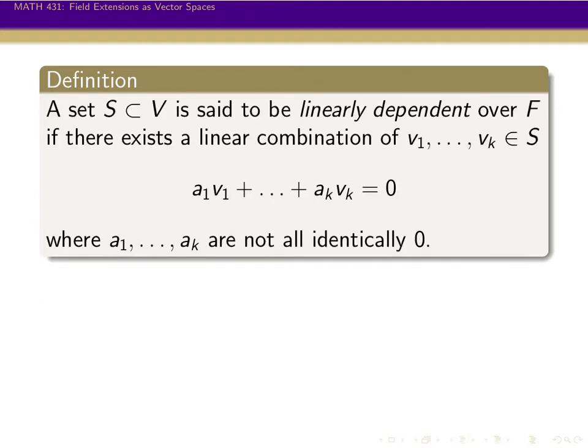And then the most important idea that comes in with vector spaces with linear combinations is linear dependence and linear independence. So let's review linearly dependent sets. So a set S of V is said to be linearly dependent over F if there exists a linear combination v1 through vk in S such that we can get a1 times v1 plus up to ak times vk equaling 0, where not all of the ai's are 0.